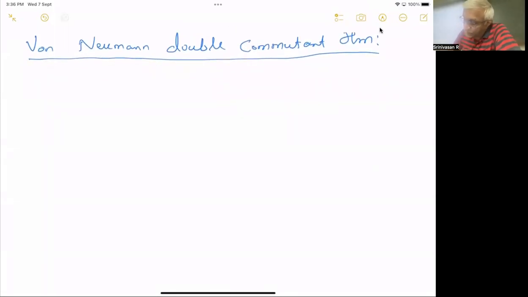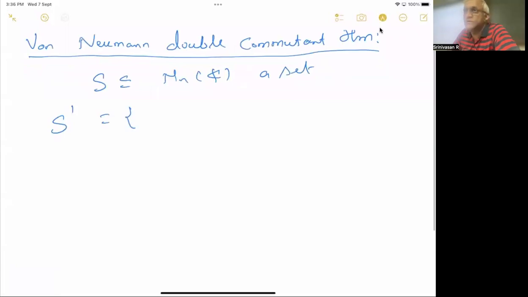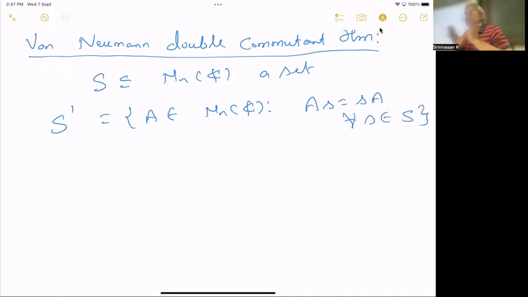Suppose we are going to deal with algebras contained in matrix algebras. So let's take a set S contained in M_n(C), any set. Then we denote the commutant S prime, which equals all those matrices or operators A in M_n(C) such that AS equals SA for all S in S. It's just the commutant.